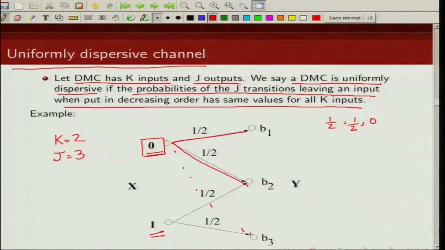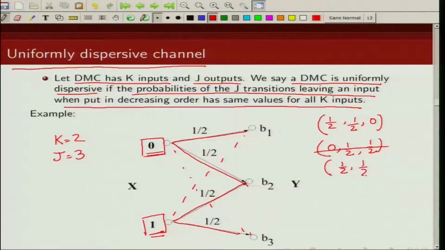So, if I arrange these transition probabilities in descending order, this will be my order. Now, look at this input. This is 0, this transition probability is half, this transition probability is half. Now, if I arrange this in descending order, this would be half, half and 0.